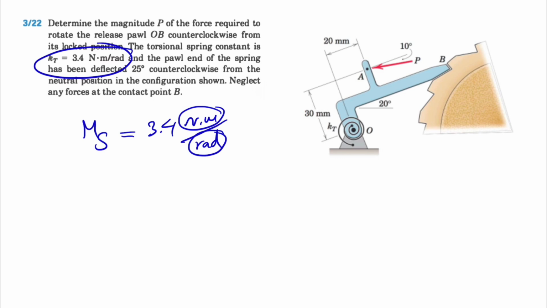We know the deflection in the spring is 25 degrees, so as long as we have that 25 degrees, we can find the moment.